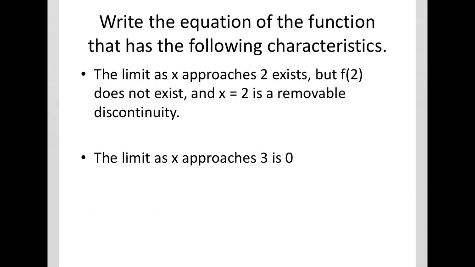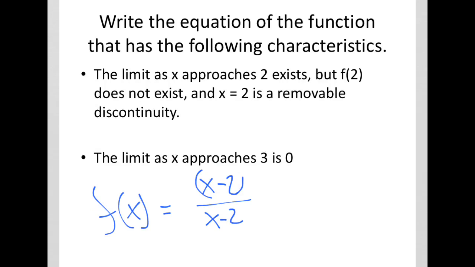So compare that to this one. This time I want the limit of the function as x approaches 2 to exist, but I don't want f of 2 to exist again, and I want this to be a removable discontinuity. So this time I need to create a hole. So I need to go x minus 2 over x minus 2, like that. And now I want the limit as x approaches 3 to be 0.